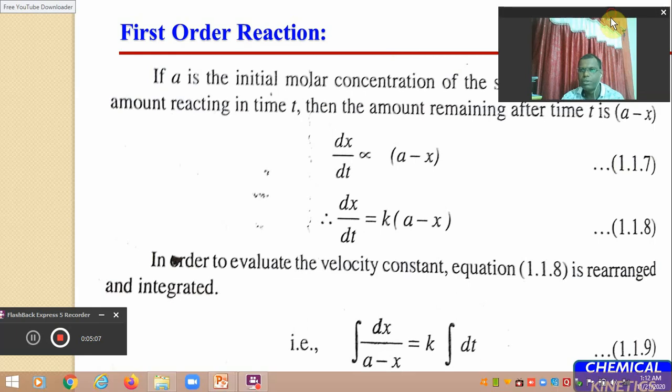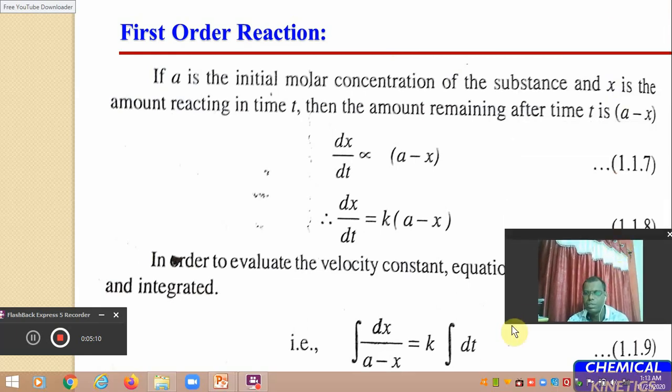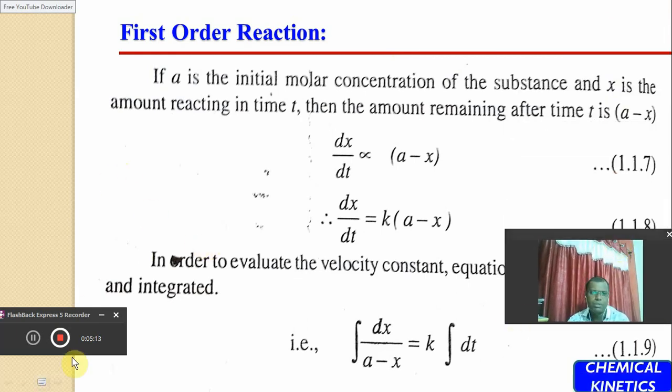Now we will discuss how we can derive the equation for the rate constant of first order reaction. For that purpose, we consider the same reaction in which A is the reactant that will be converted into product. Suppose small a is the initial molar concentration of the reacting substance, and small x is the amount of reactant reacted, or the amount of product formed, in a time small t.